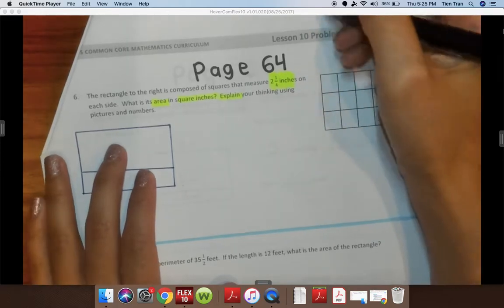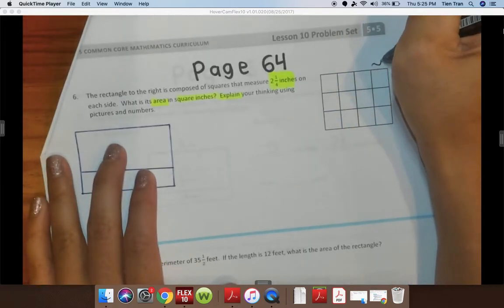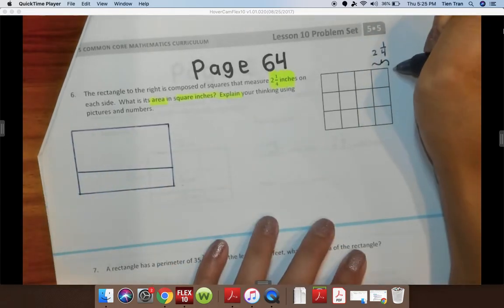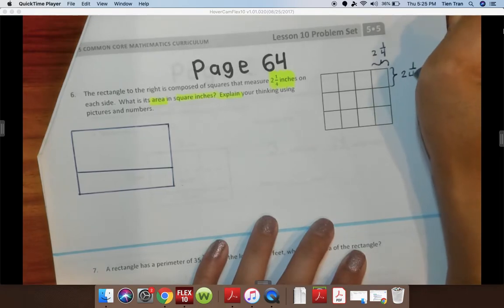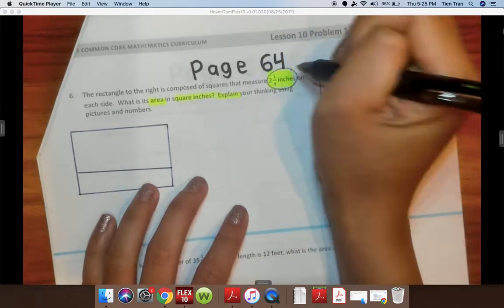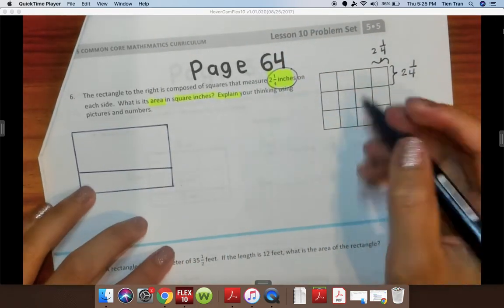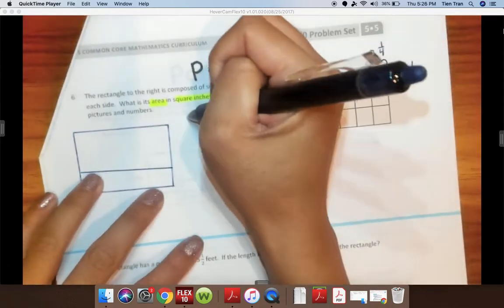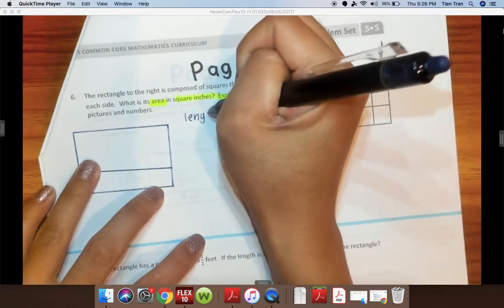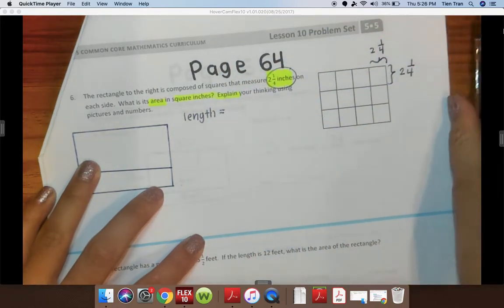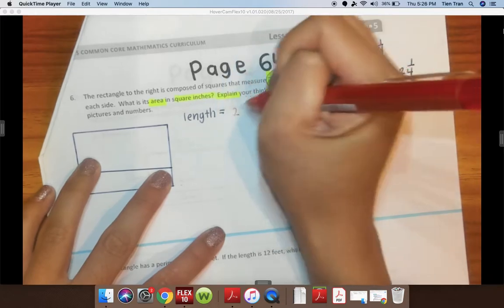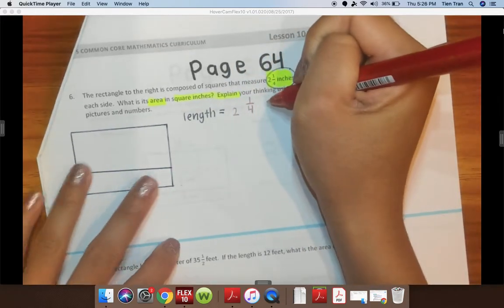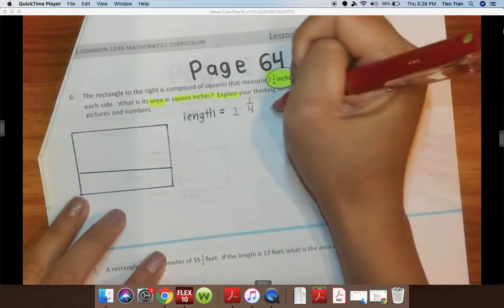So this measurement right here is going to be my 2 and 1/4, and this measurement right here is going to show 2 and 1/4 inches. Okay? Now, to find the length, what I need to do is I need to multiply 2 and 1/4 times 4.